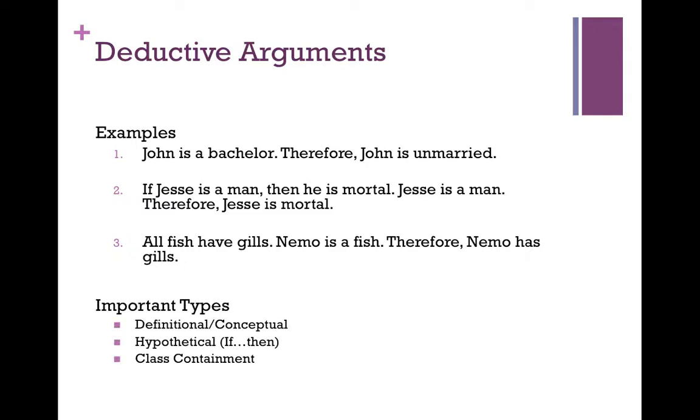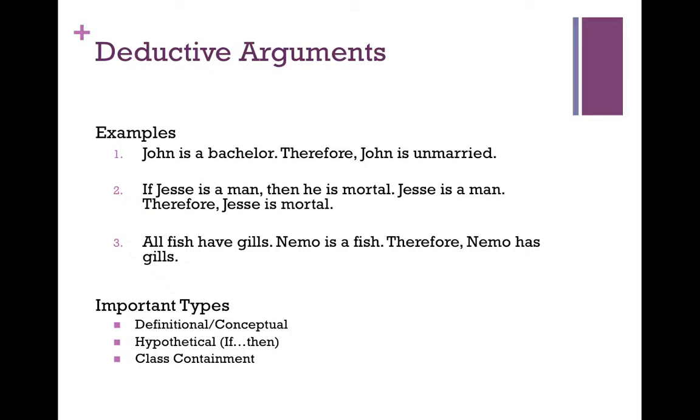And notice that these are three different types of deductive arguments. The first one I'm calling definitional or conceptual. It's a one premise argument, and basically the conclusion is just a reiteration of the definition of the key terms in the premise.